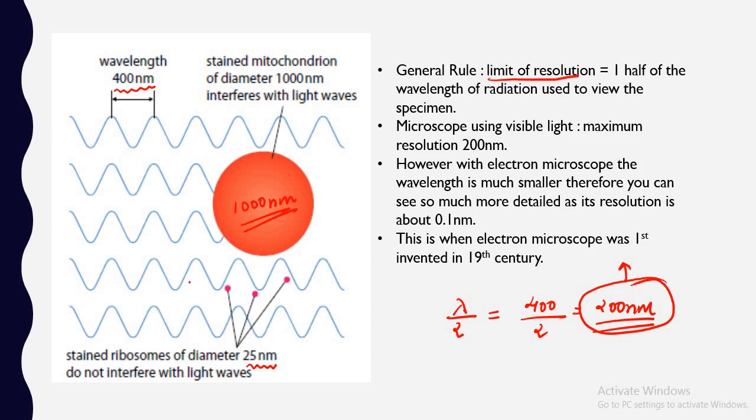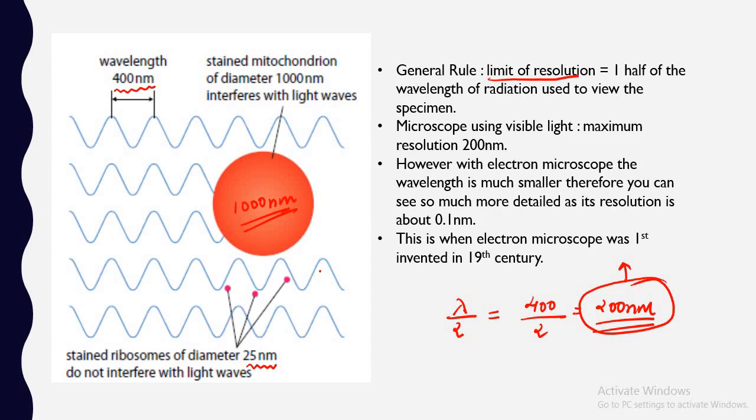Because they are less than 200 nanometer, so they are not interfering with the visible range. Anything bigger than 200 nanometer is easily observed, because mitochondria interfere with the light. Ribosomes do not interfere with the light rays. The light rays just pass by the ribosomes.